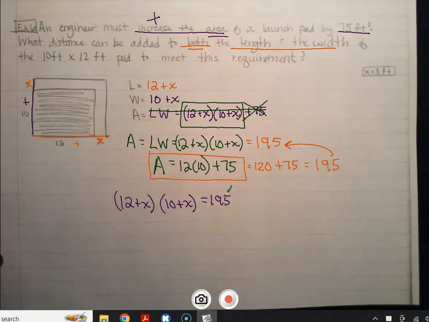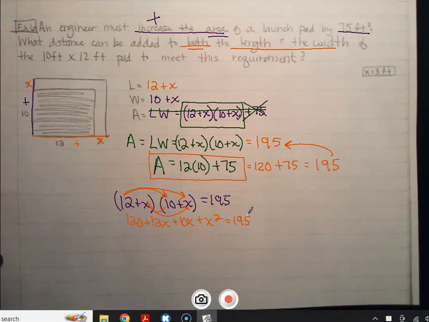So we need to FOIL first. 12 times 10, we've got 120. 12 times x, so plus 12x. Then we're going to do the inside. x times 10 is plus 10x, and then x times x is plus x squared equals 195.